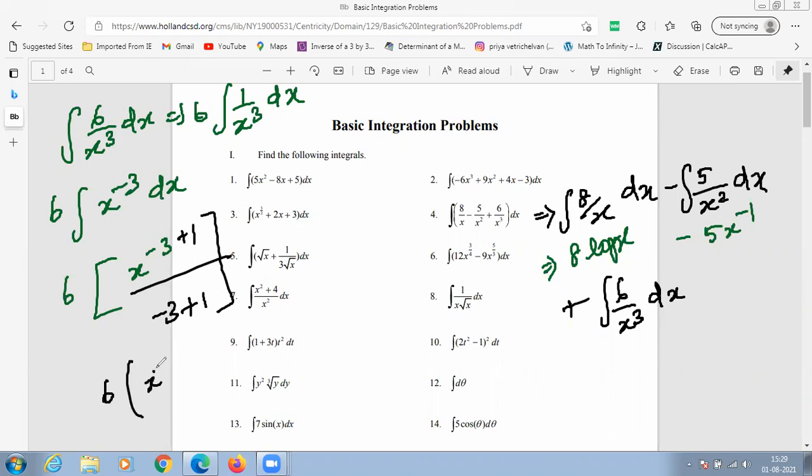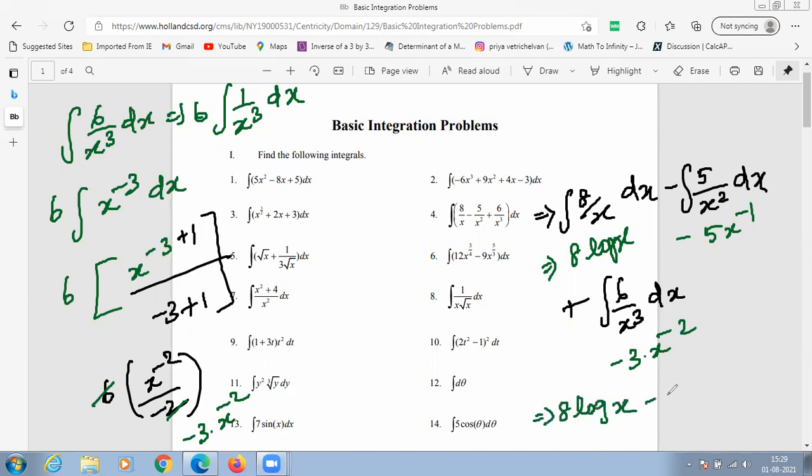So it's 6 into x power minus 2 upon minus 2. So cancel out this and this. It will become minus 3 into x power minus 2. So the final result for this question is 8 log x minus 5 x power minus 1 minus 3 x power minus 2.